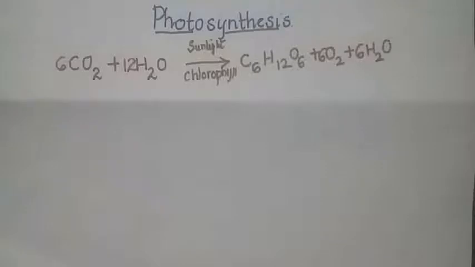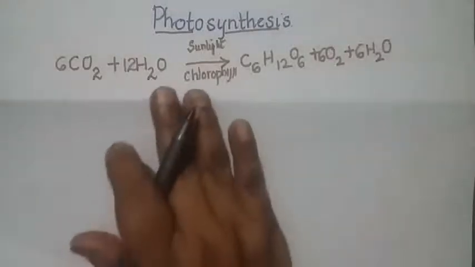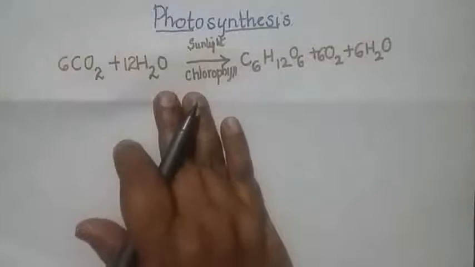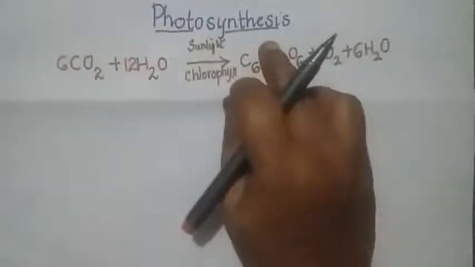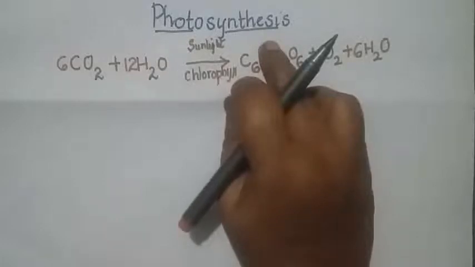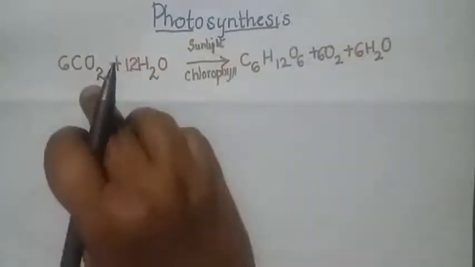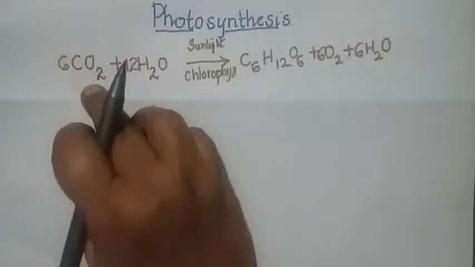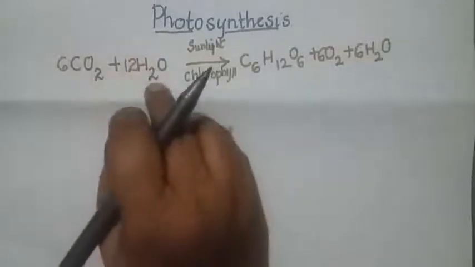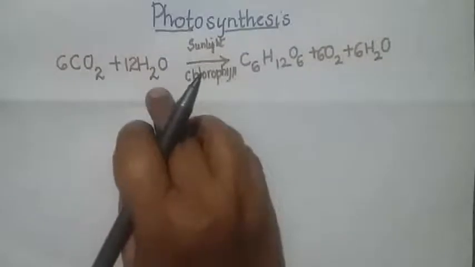Children, pay attention. Even if you miss out one keyword, you will lose the entire 1 mark. So just recall this equation and write the definition. Photosynthesis is a process in which plants absorb carbon dioxide from the atmosphere and absorb water with the help of their roots.